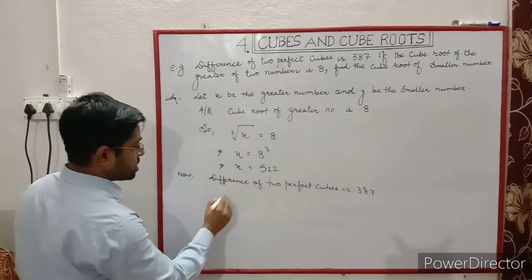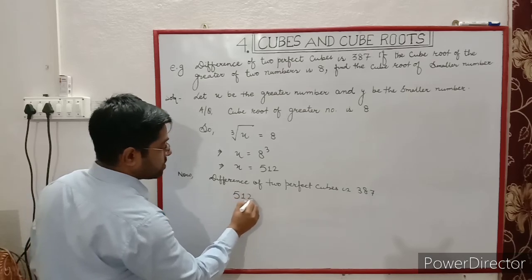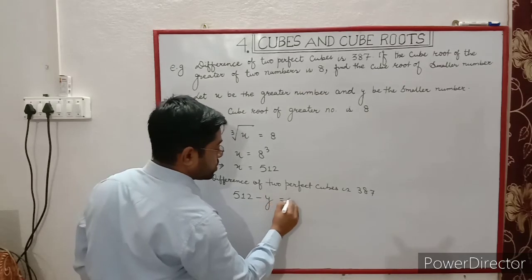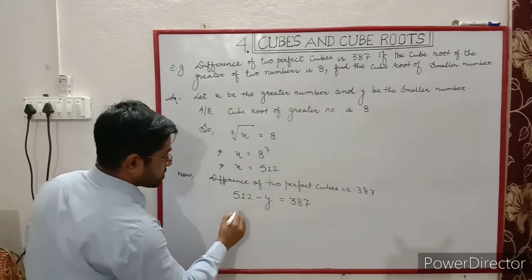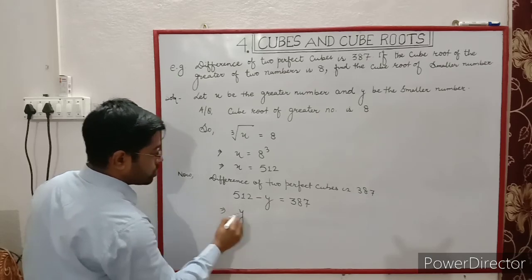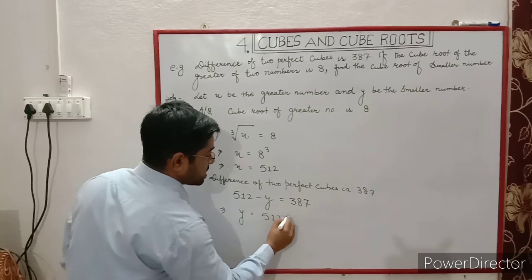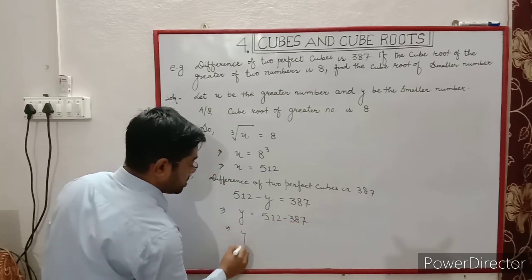So according to question, we have to write here 512 minus the smaller number is equal to 387. Now y is equal to 512 minus 387. So y is equal to 125.